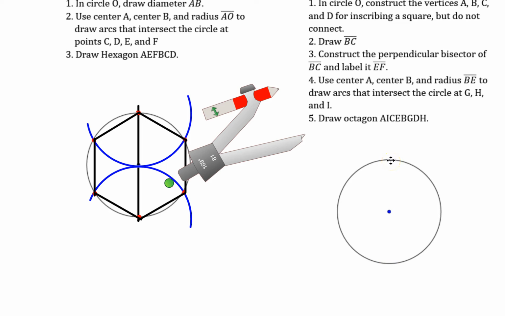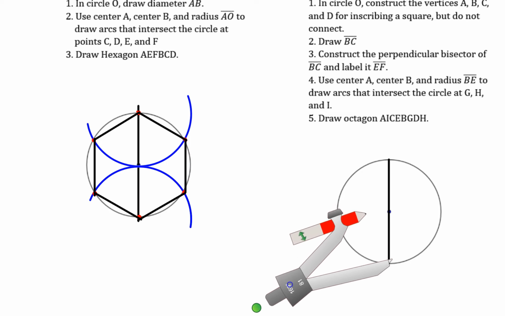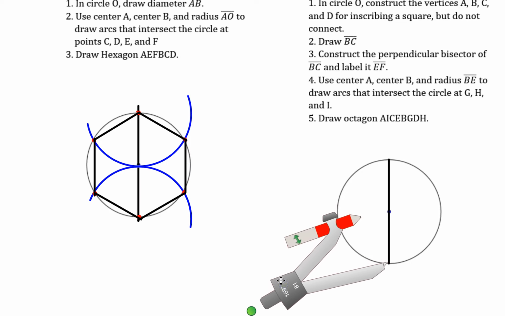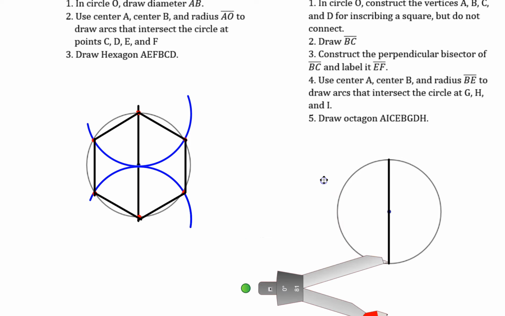Alright, so it starts off with the construction of a square. So we need to draw a diameter first. Do the perpendicular bisector.